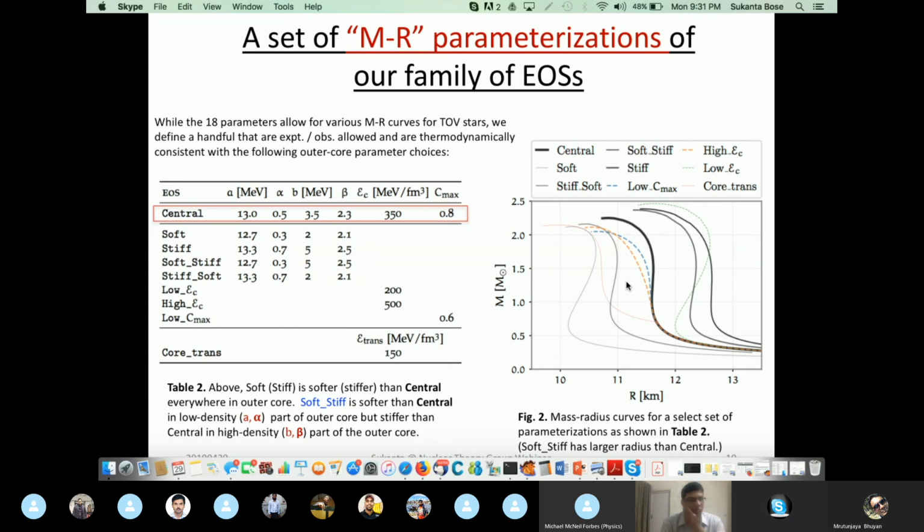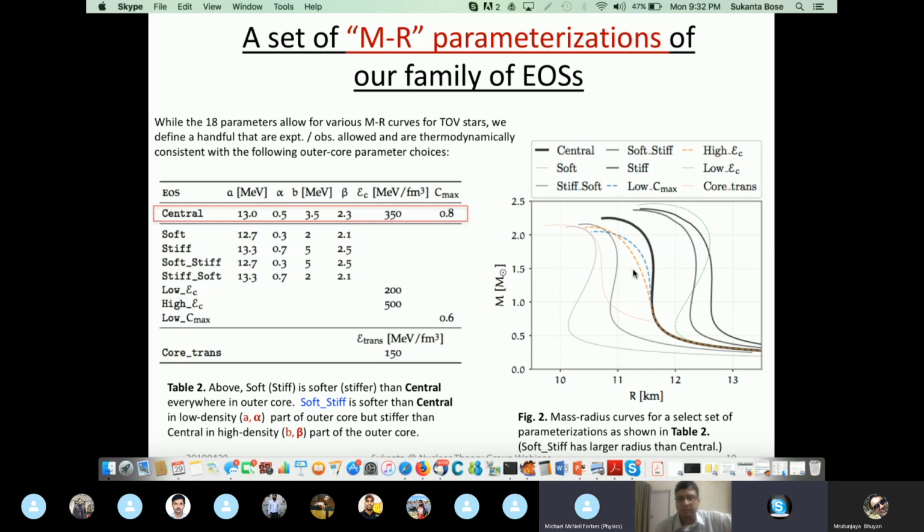That is how we translate the NICER measurements to the pressure versus density, going via the mass radius plane, because we know exactly how our parameterizations are limiting these curves in this plane.